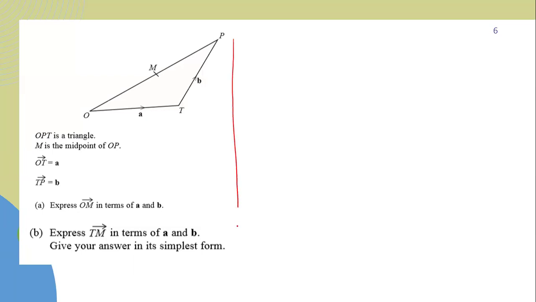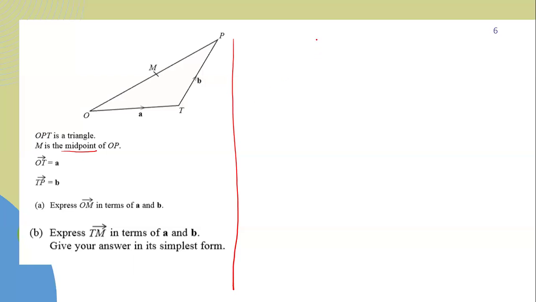When you look at our first number, we are going to do the first item. They are telling us that OPT is a triangle. So this is O, this is P, and this is T. Then the second part, they are telling us that M is the midpoint. Midpoint means the middle.